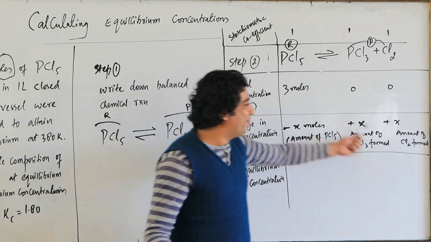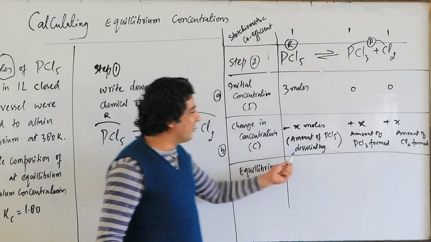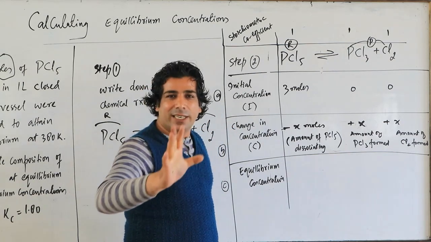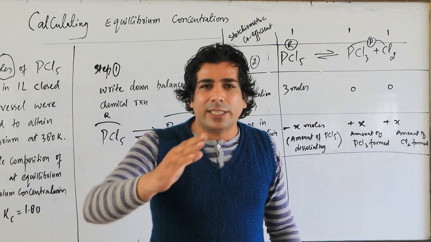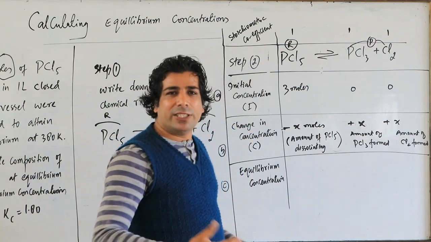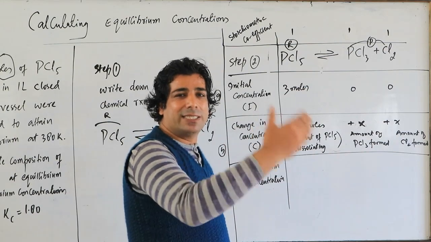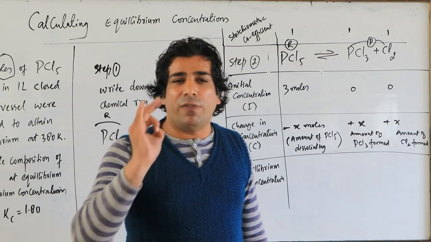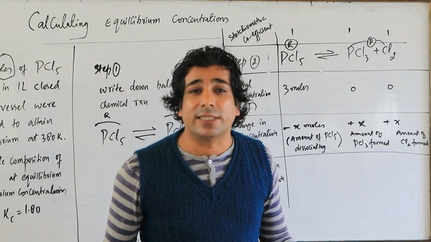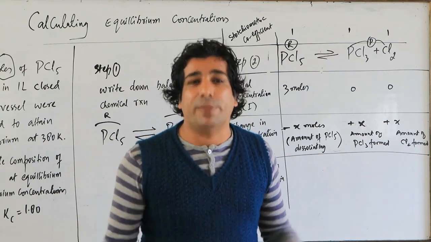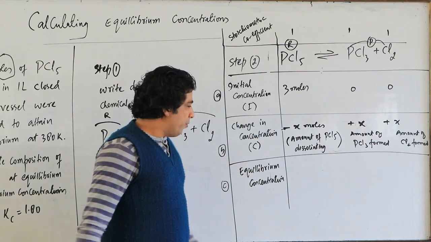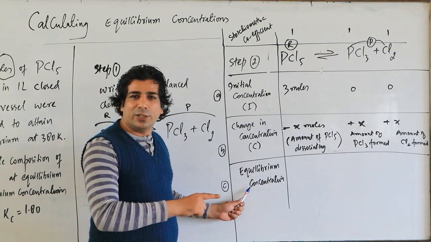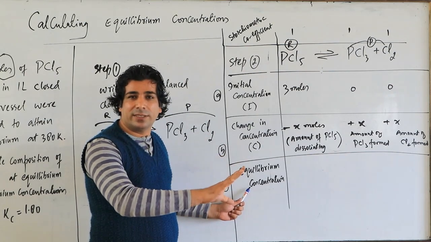Once the reaction reaches equilibrium, PCl5 will change into PCl3 and Cl2, and PCl3 plus Cl2 will combine to become PCl5. That means now the concentrations of reactants and products will remain constant because the reaction has reached equilibrium. So for that, we will now calculate the equilibrium concentration. Now the concentrations of reactants and products are constant. Okay?